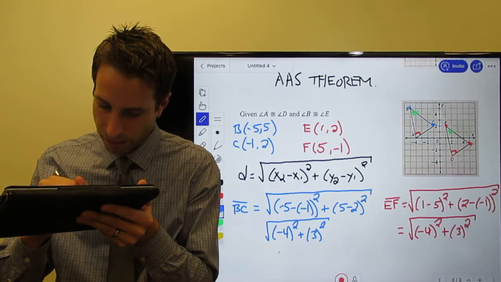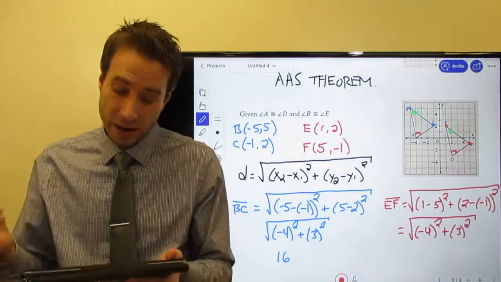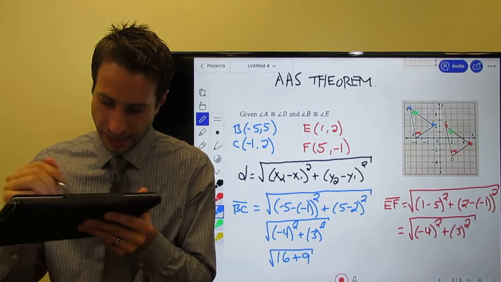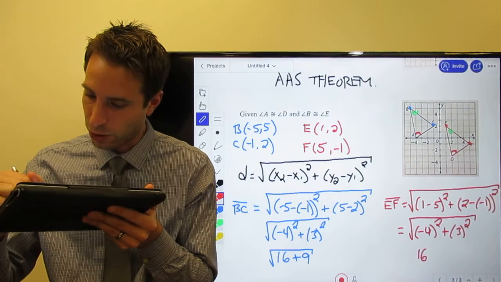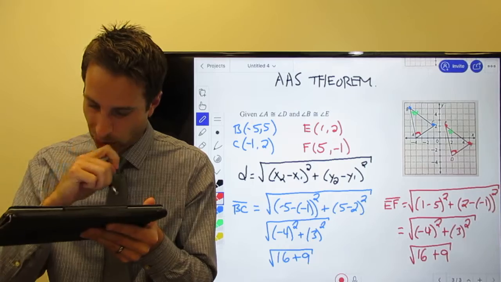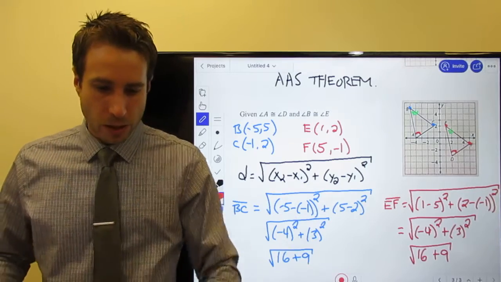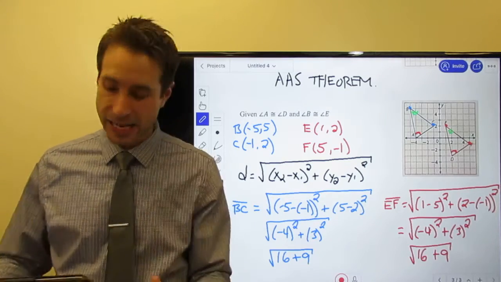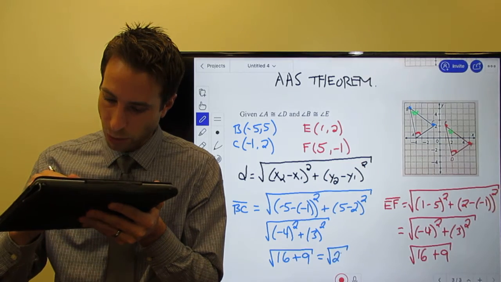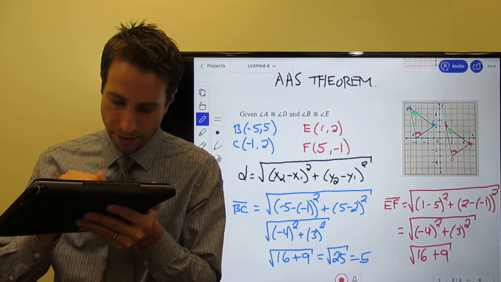Why quit now? Negative 4 squared is 16. 3 squared is 9. Again, over here you get the exact same thing. Negative 4 squared is 16. 3 squared is 9. And then here's what we wind up with. 16 plus 9 is 25. So this turns out to be equal to the square root of 25, which is equal to 5.